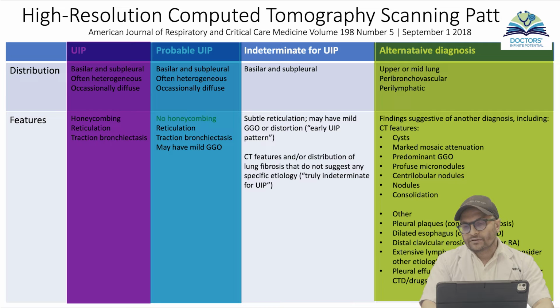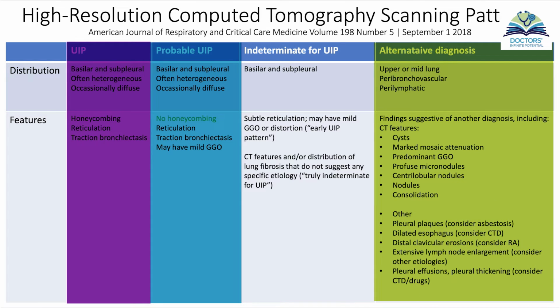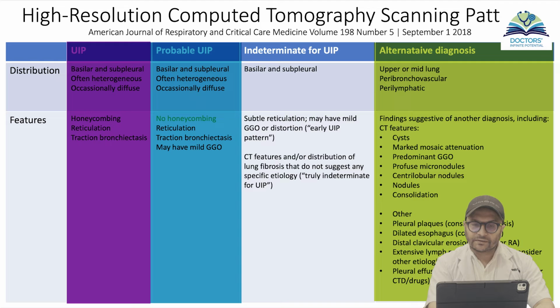Like other associated findings like pleural plaques, dilated esophagus, distal clavicular erosion and extensive lymph node enlargement, we always consider alternative diagnosis rather than UIP. And in indeterminate for UIP pattern, the distribution is basilar and subpleural, but there is subtle reticulation with mild ground glass opacity.